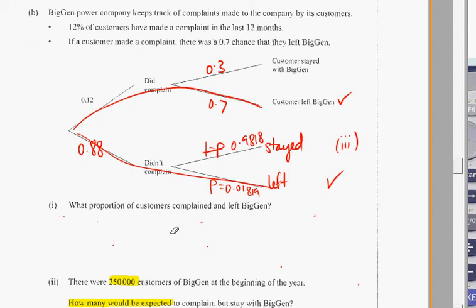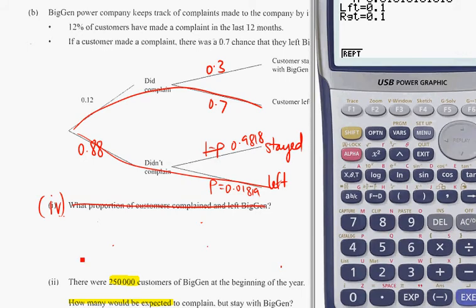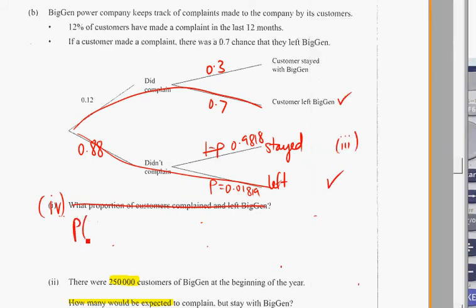Last part of this question. It says, if a customer left Big Ben, what's the probability they complained? I can tell this is a conditional question. So if they left, what's the probability they complained? Now the part that we're given, which is the fact that they've left, always goes on the denominator.